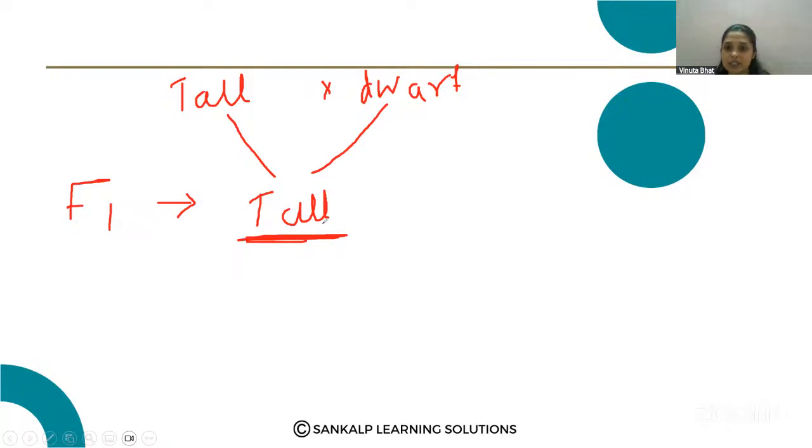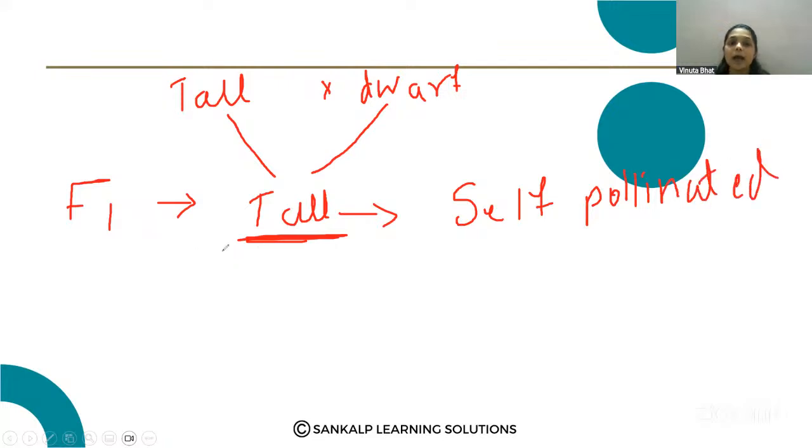In the F1 generation all plants were tall. Okay, then again these tall plants are self-pollinated. These F1 plants are self-pollinated. Here tall plant is pollinated with the tall plant only. Okay, so self-pollinated. And in the F2 generation, what did he observe?